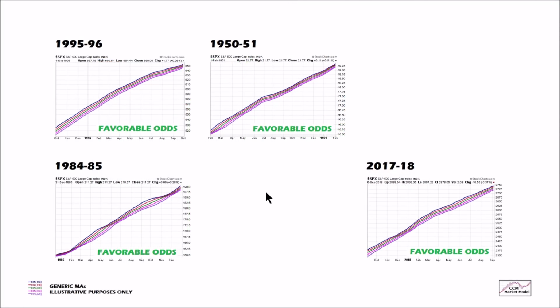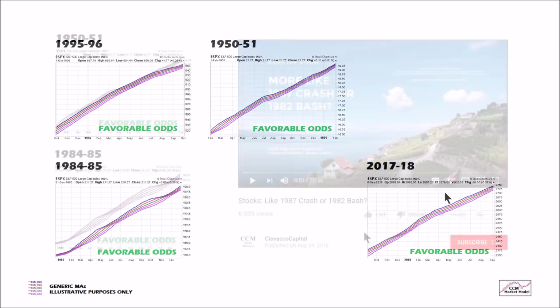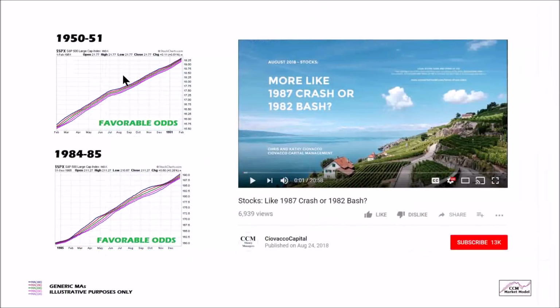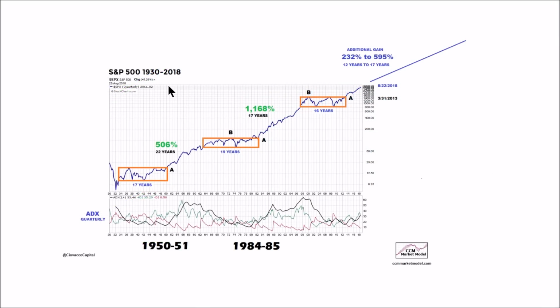We've just demonstrated in an unbiased manner that 1950 and 1984 look similar to the present day. We also covered these periods in the August 24th, 2018 video. Here's the chart of the S&P 500 that we covered in that video, 1930 to 2018, 1950 to 1951 here.